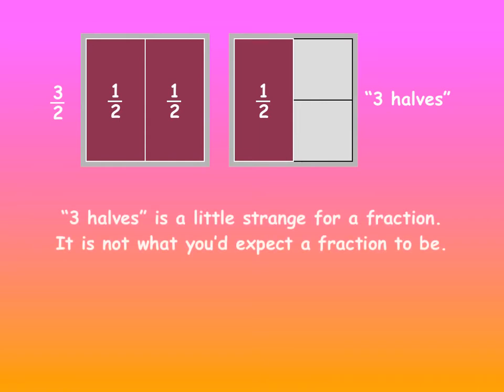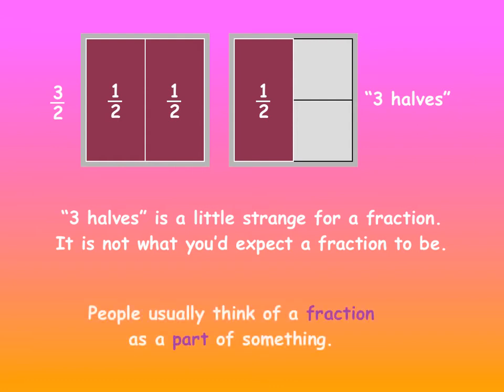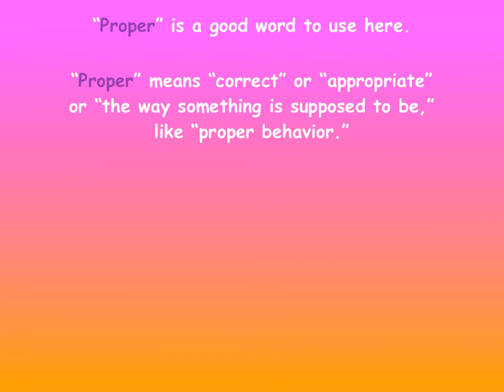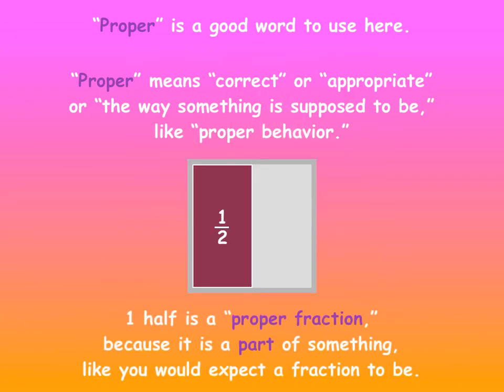3/2 is a little strange for a fraction, don't you think? It's not what you'd expect a fraction to be. People usually think of a fraction as a part of something. Proper is a good word to use here. Proper means correct or appropriate, or the way something is supposed to be, like proper behavior. 1/2 is an example of a proper fraction because it's a part of something like you'd expect a fraction to be.